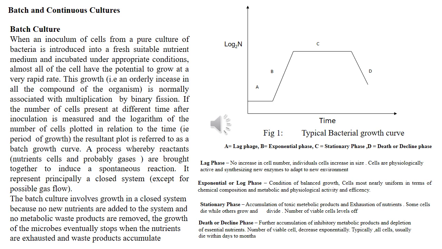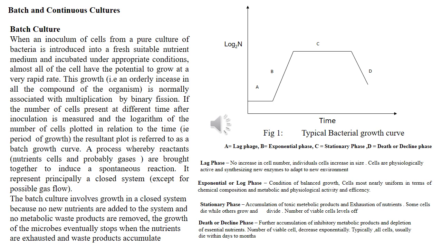Typically, the plot of the logarithm of the number of cells in base 2 with time will give us the typical growth curve, which can be divided into the lag phase, the exponential or log phase, the stationary phase, and the death or decline phase.